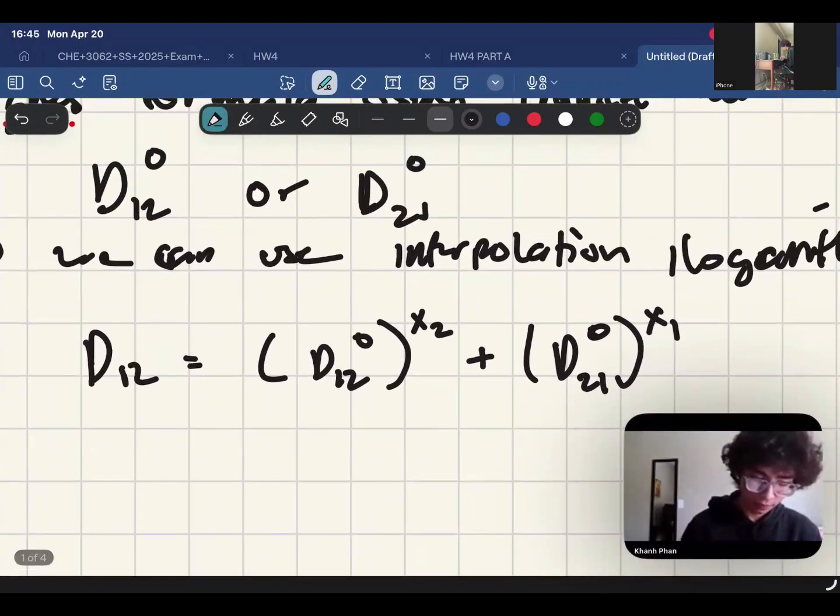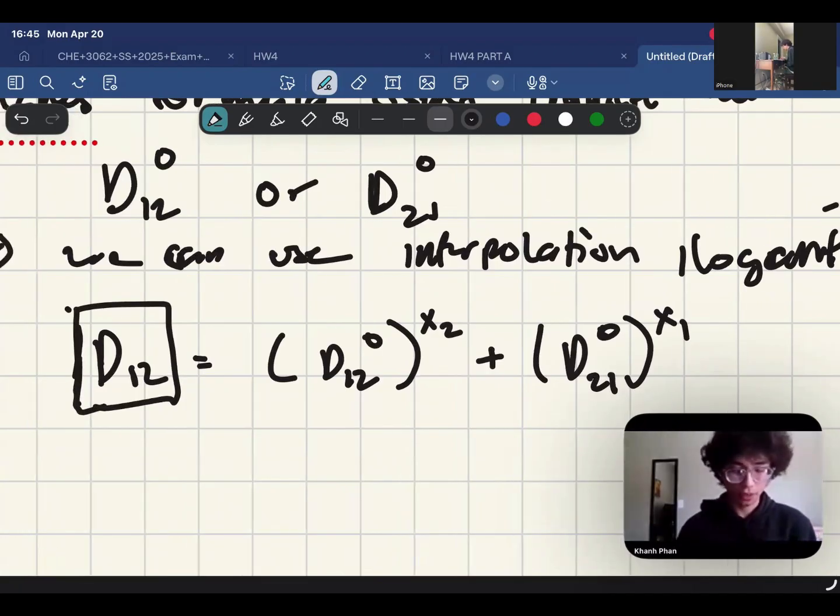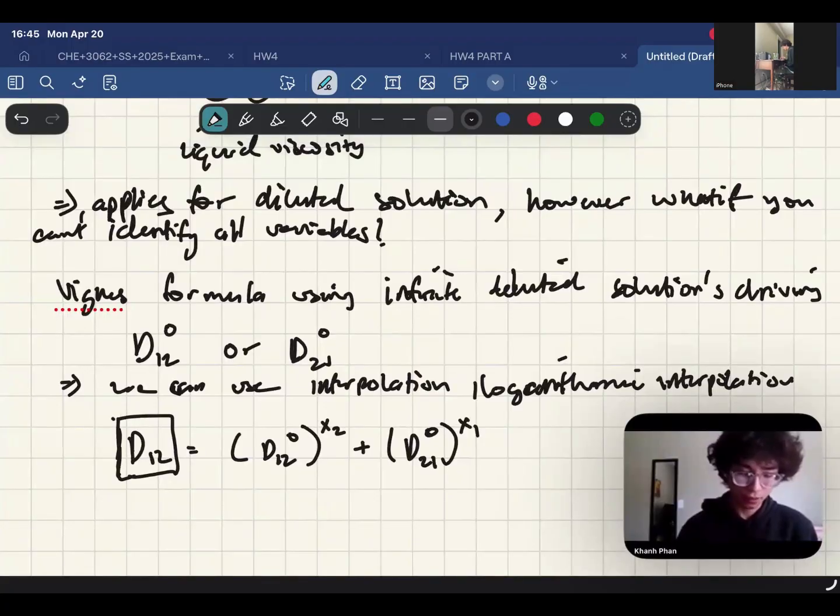So now we get the diffusion coefficient of the binary mixture 1 and 2 through Vignes' solution.